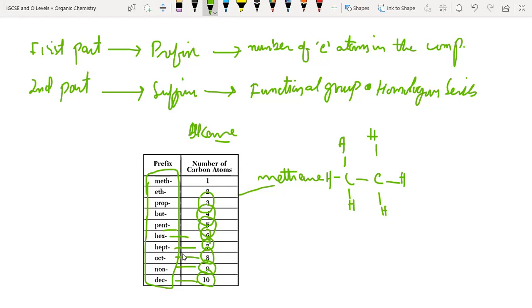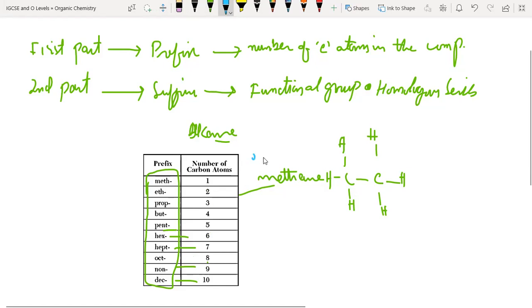If we have the homologous series of alkene, then the prefix will remain the same, but the suffix will change. What change will there be in the suffix position? In the suffix, we just replace ane by ene.